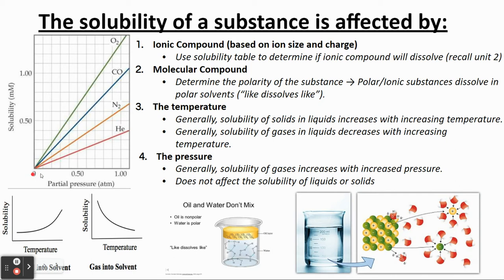You can see that as you increase the pressure, you're increasing the solubility for each one of these substances. So pressure will affect gases. It'll increase their solubility when you increase pressure, but it won't significantly affect the solubility of liquids or solids. So these are the different factors that'll affect the solubility of a substance.